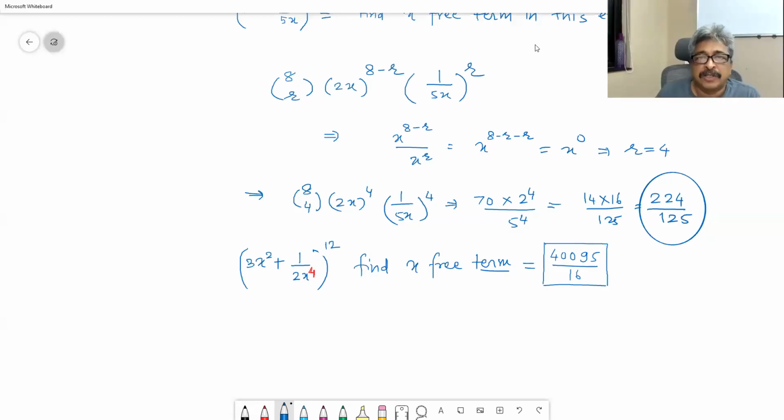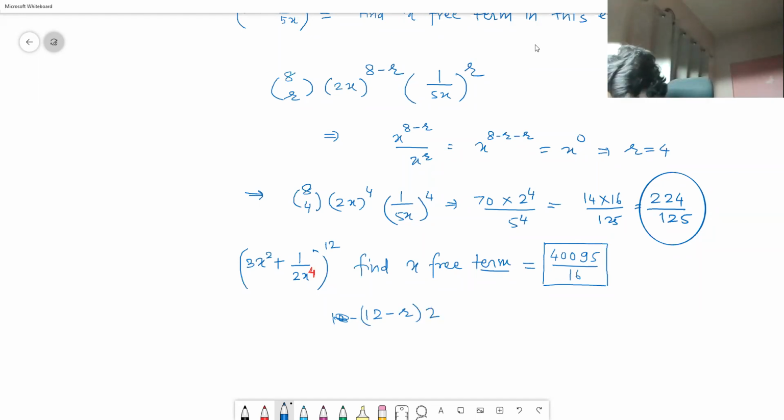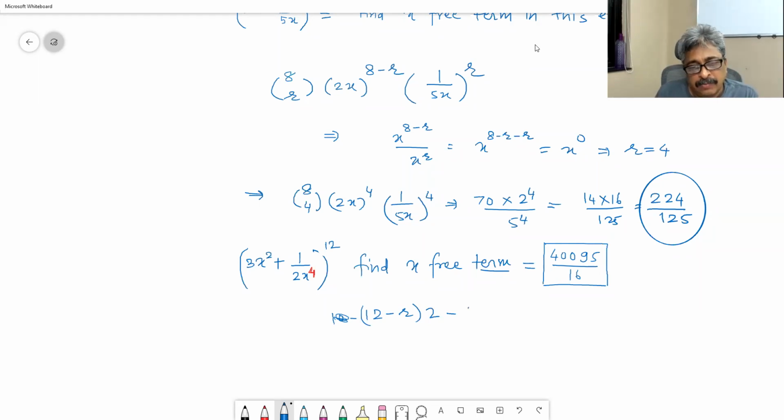Okay, let me finish this. First, balance the index of x: it is 12 minus r times 2, because this is 2, minus 4r is equal to 0.